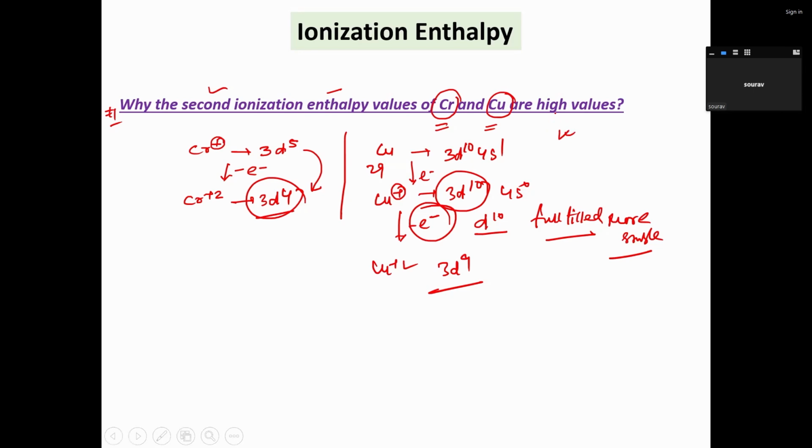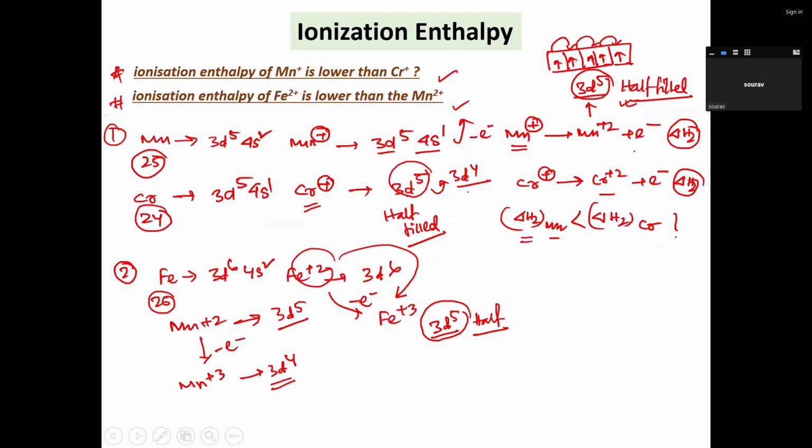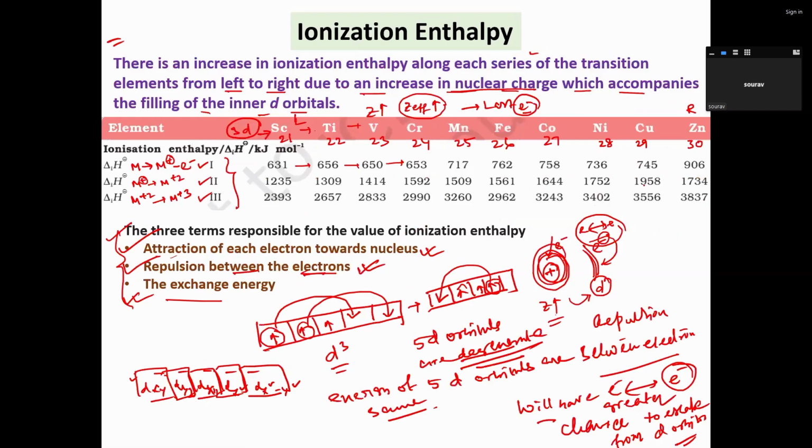You can see that chart here for the copper case. This is the first ionization enthalpy, this is the second ionization enthalpy. This is 1958, which is higher than the other 3d metals. For chromium also, it is 1592.